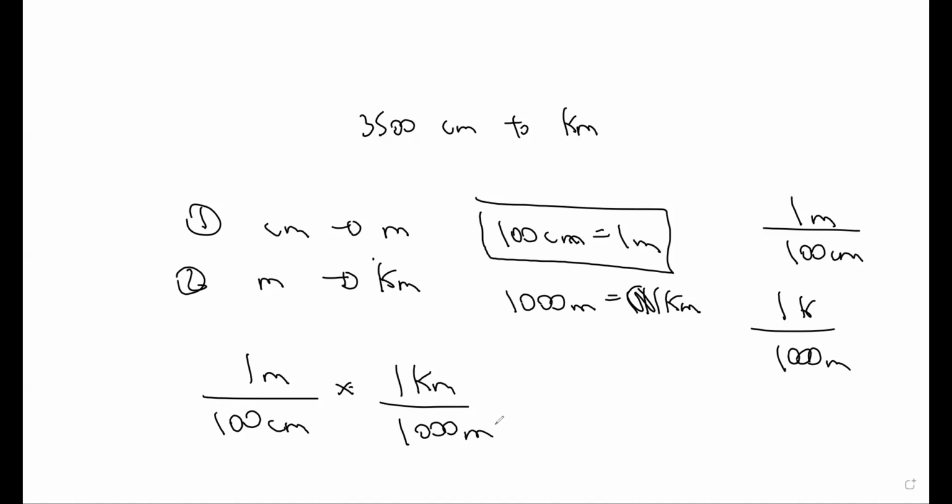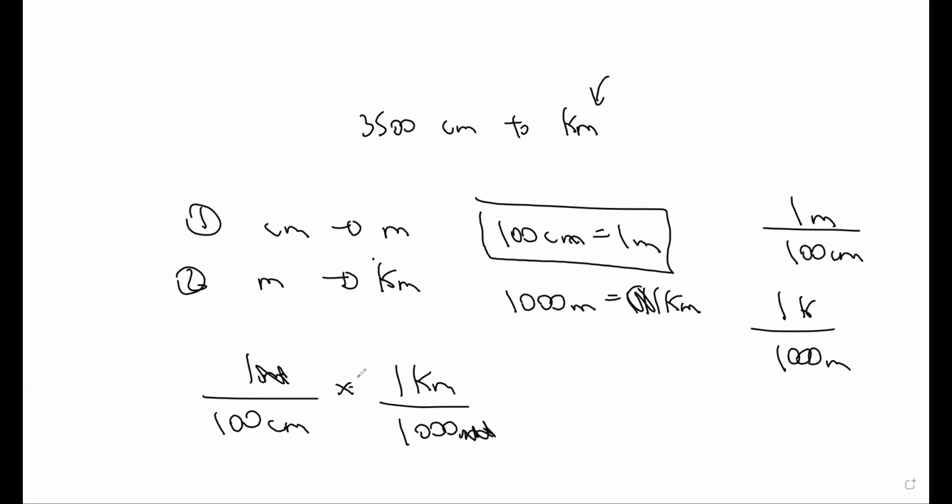Again, notice that meters and meters cancel out, which is really nice because then you're just left with kilometers on top, which is what you're converting to, and centimeters on the bottom. So the cancellation here usually gives you a hint if you're right or not.